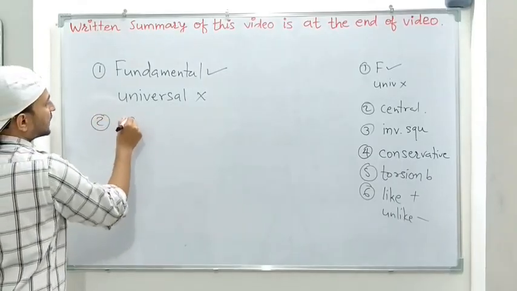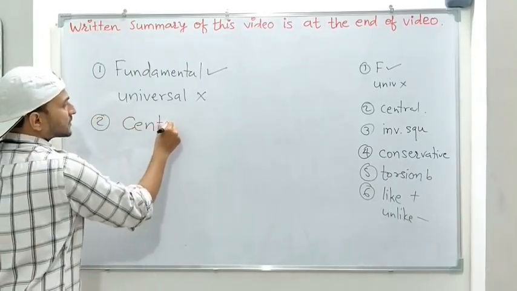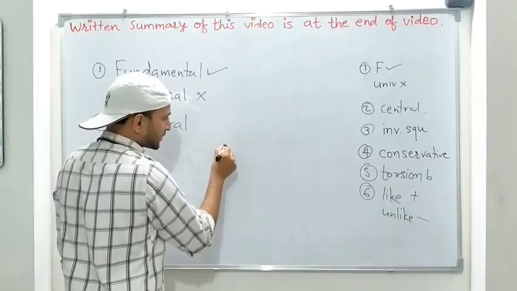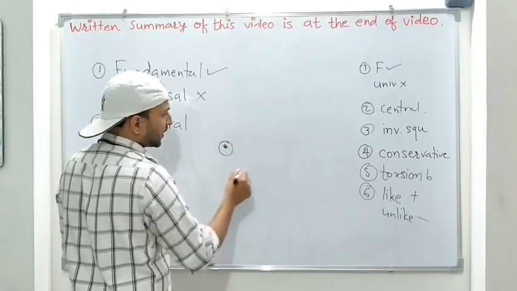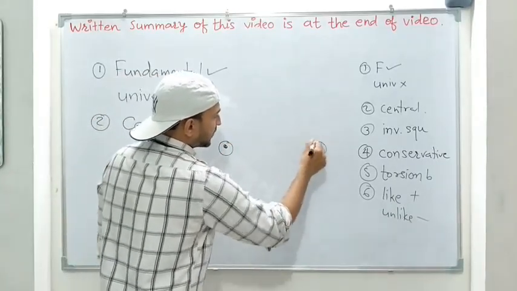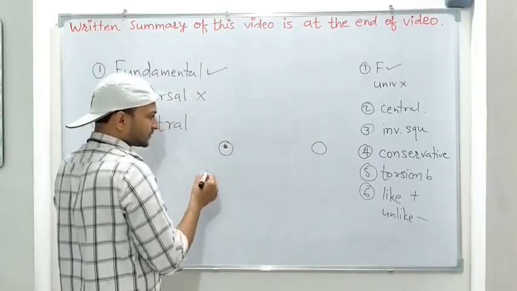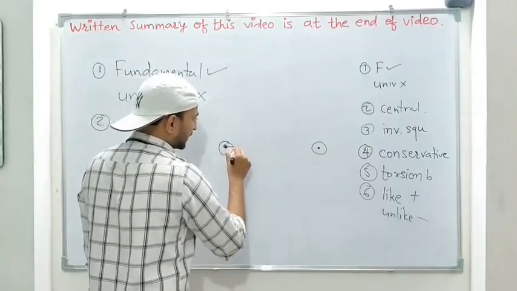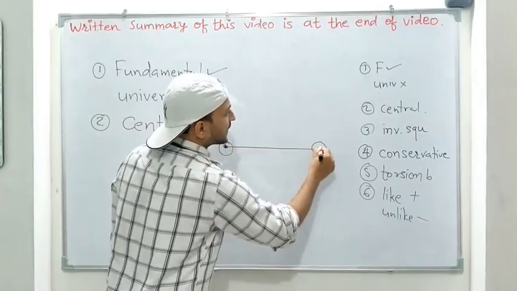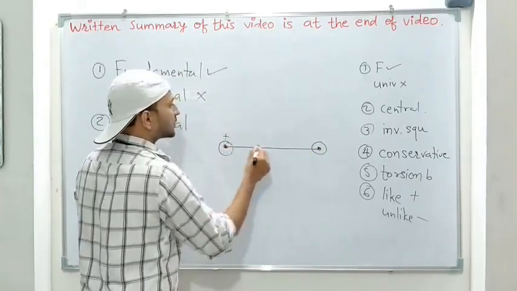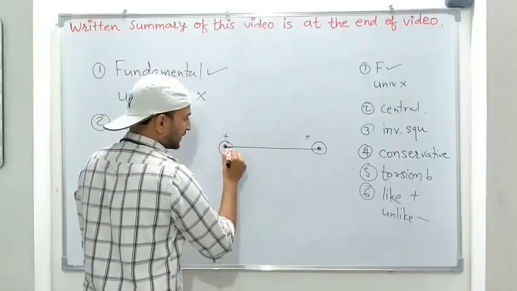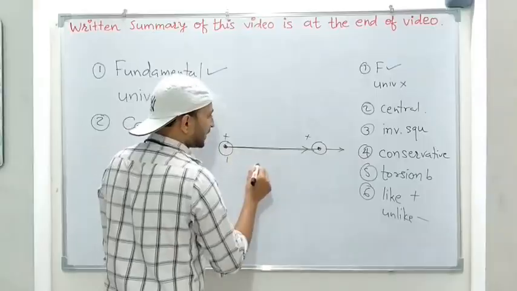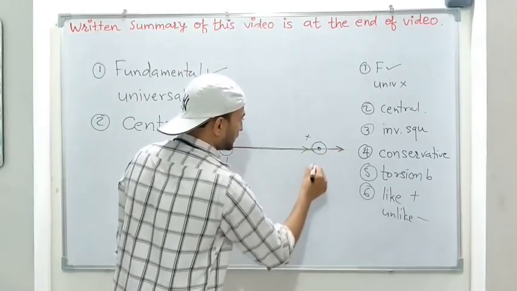Coulomb's law is a central force, which means that if these are two bodies, suppose point bodies, point charges, then think of a line connecting their centers. If both are positive, they will repel each other. First body repels second in this direction.